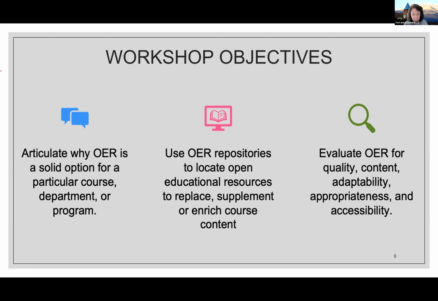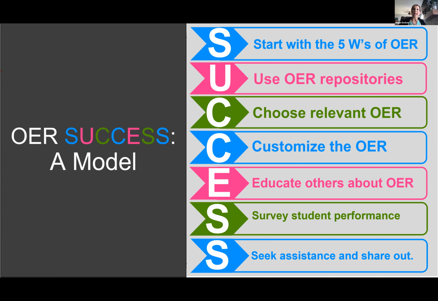Angie? All right, so as a part of my role in the OpenCU initiative, we in the FRC have put together an OER Success Model that basically outlines steps, and I actually have developed a program of courses that flows along this model where people can be successful in their implementation of OER. And so that starts with S in success, which is to start with the 5 W's of OER.